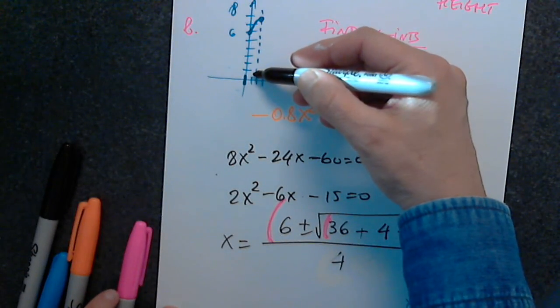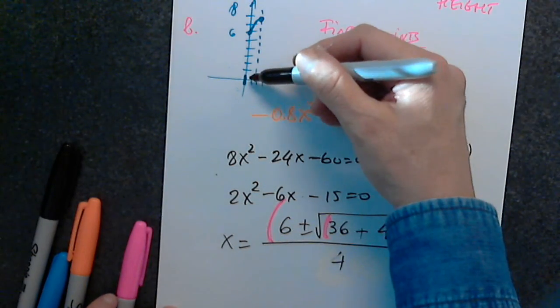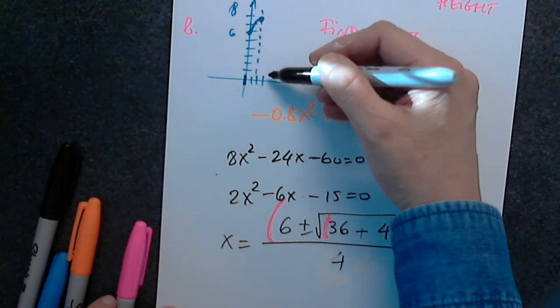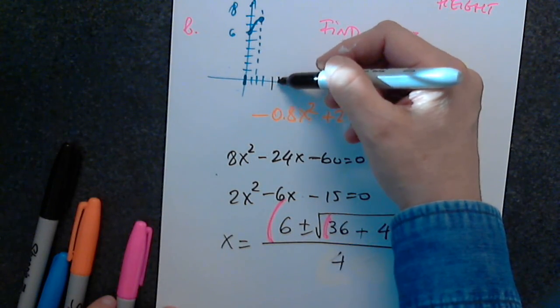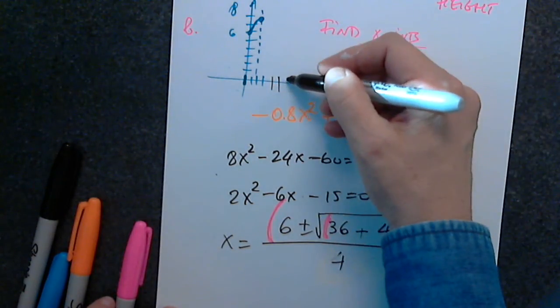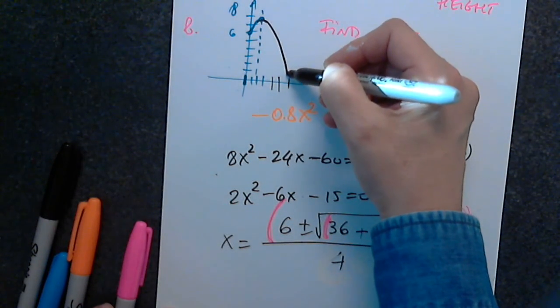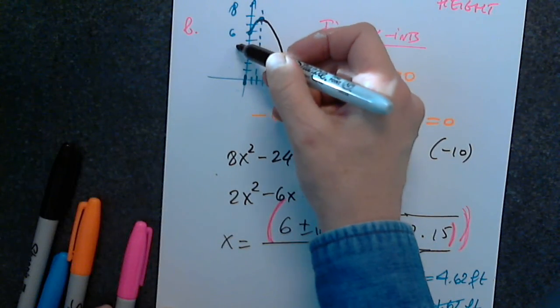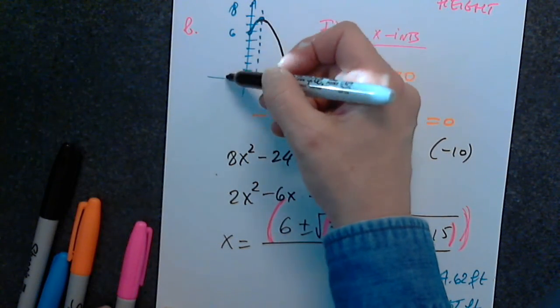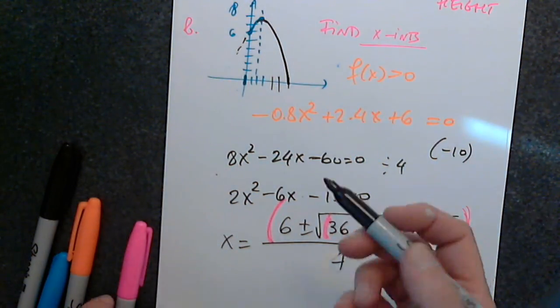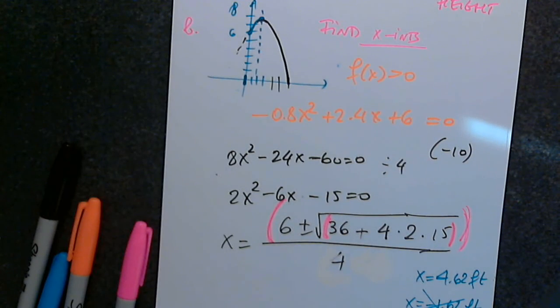So 1.5, 2, 3, 4.62. Okay, I'm going to say somewhere here. And this will be somewhere here. But there is no need to continue that way. So this is the graph of the trajectory of the ball as I throw it up in there.